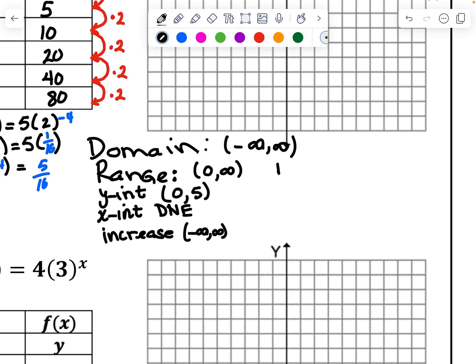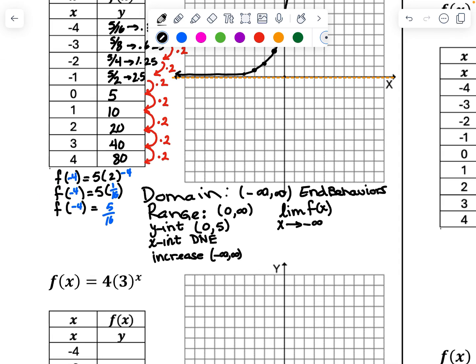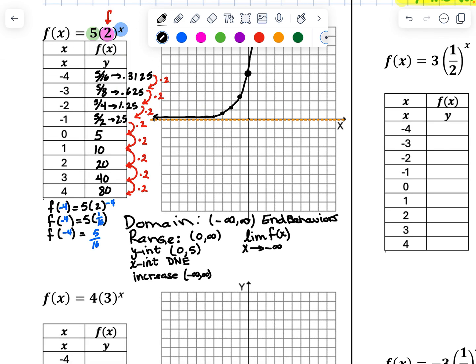But let's talk about the end behaviors. The end behaviors are different than the end behaviors we have for polynomials. Our end behaviors, the limit of the function as it moves to the left. In other words, this graph, as it goes to the left-hand side, is getting closer and closer to the axis, but never touching the axis.